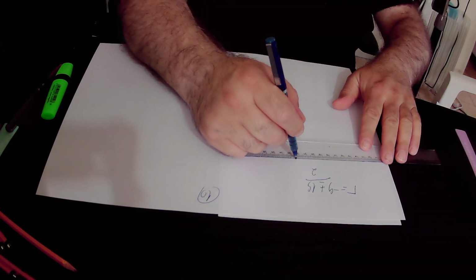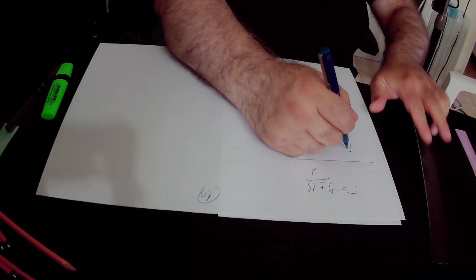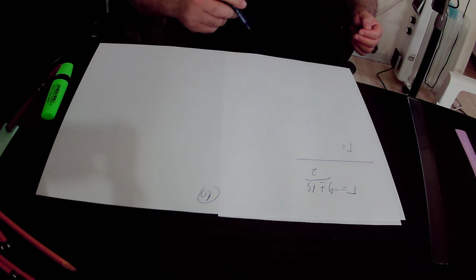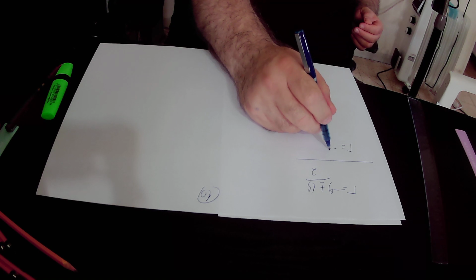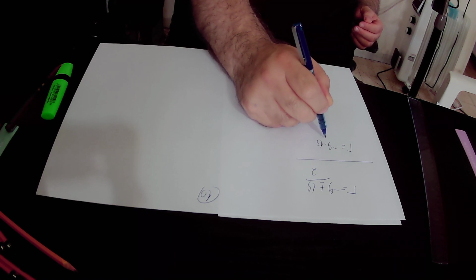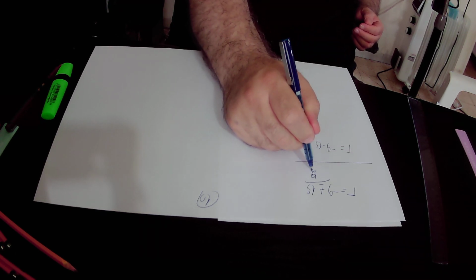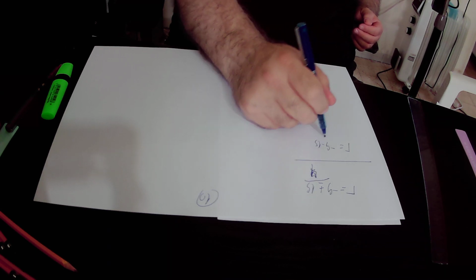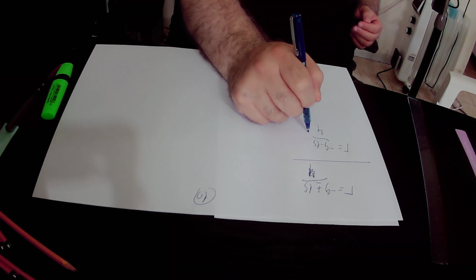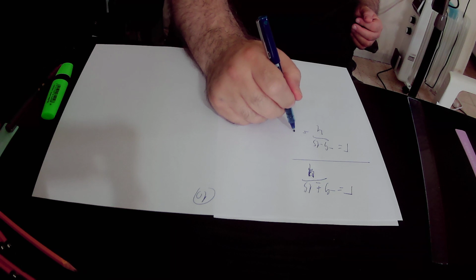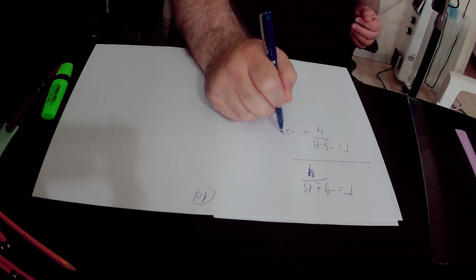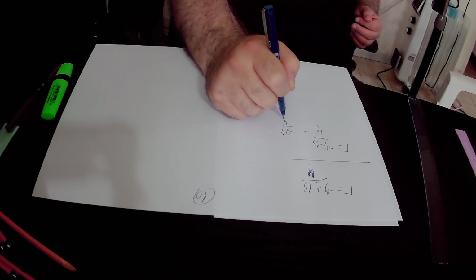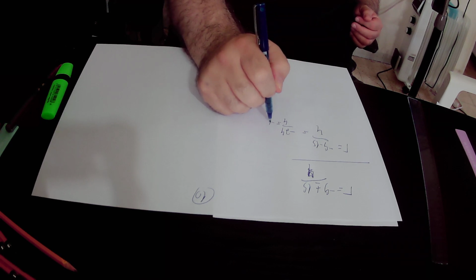The first solution is r equals minus 9 minus 15, all divided by 4. Minus 9 minus 15 is minus 24 over 4, and minus 24 over 4 is minus 6.